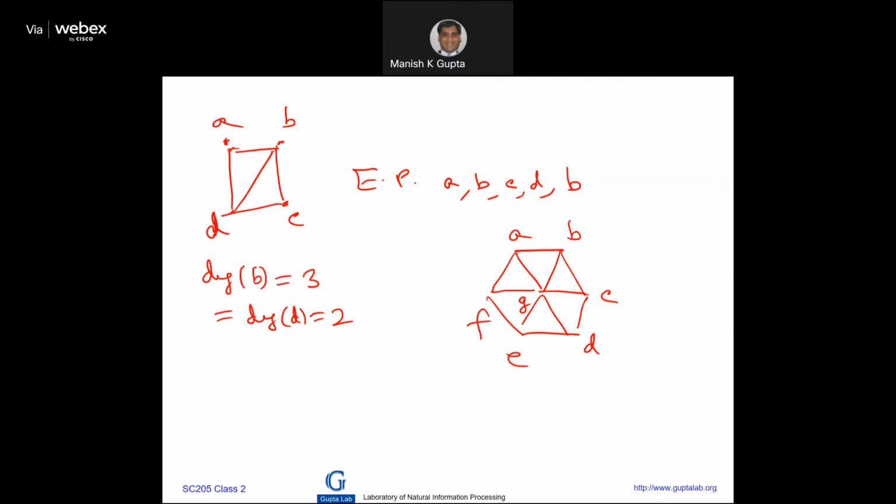Can we find an Euler path in this graph? You saw the result: a graph or multigraph will have an Euler path if and only if there are two vertices of odd degree. How many vertices of odd degree are there here? Six, right?